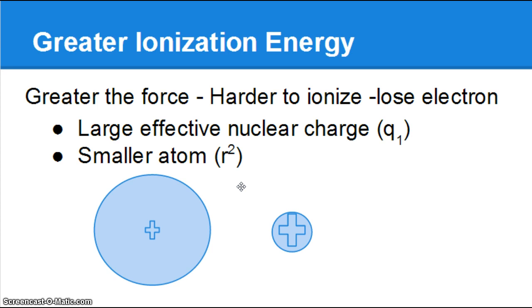So the force is big when the numerator is big and the denominator is small. So when the effective nuclear charge is big and the radius of the atom is small. So I kind of just pictured this as a way to see this would be weak, because it has a big atom with a small effective nuclear charge, and this kind of is representing a small atom with a large effective nuclear charge.